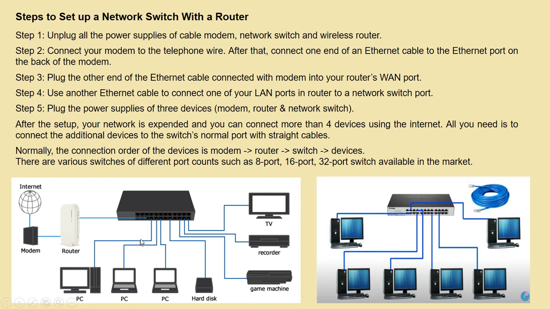See this picture, you have to connect the modem with the router and the switch in this way. These are the Ethernet cables where the network switch is connected with all your systems. This is one small network, that is your LAN, and this LAN is connected with your router, and the router is connected with your modem, and you are accessing the internet.